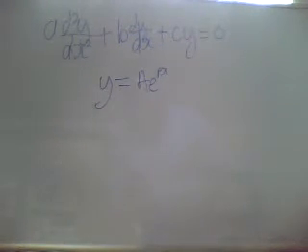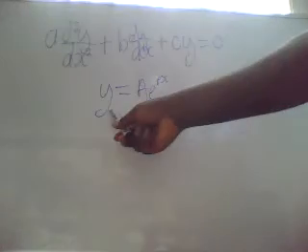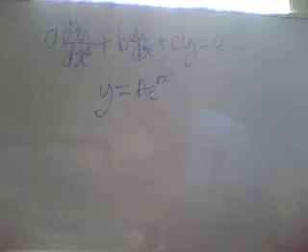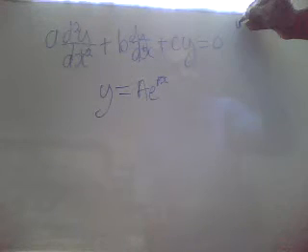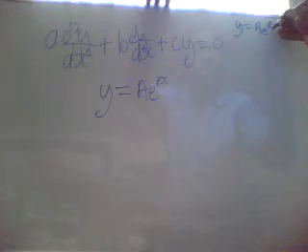This is our first assumption that will hopefully help us to solve this equation. y is equal to a constant A times e to the px. Let's rewrite that at the top here.